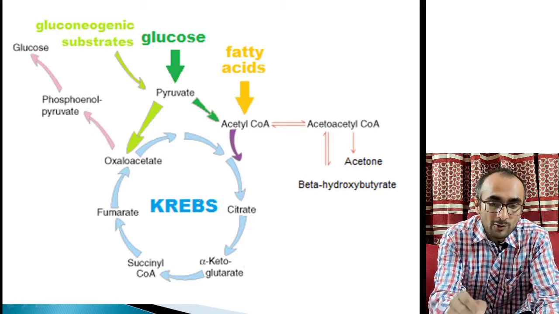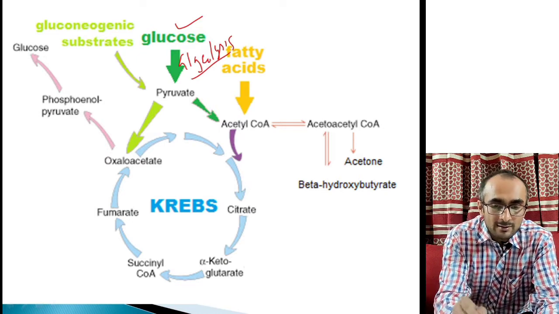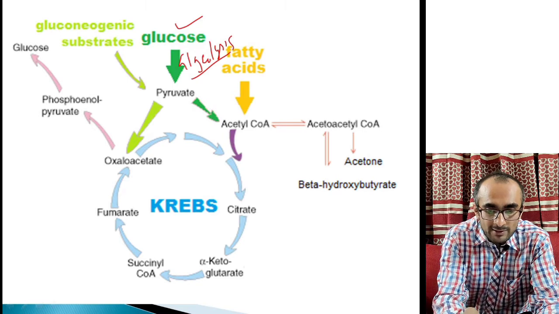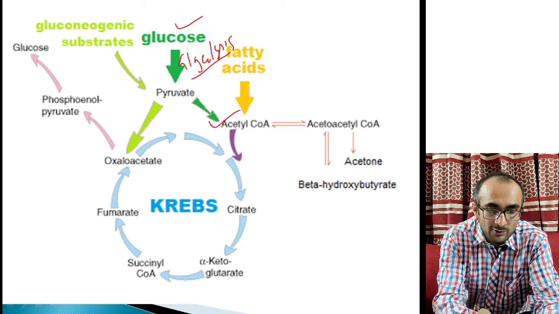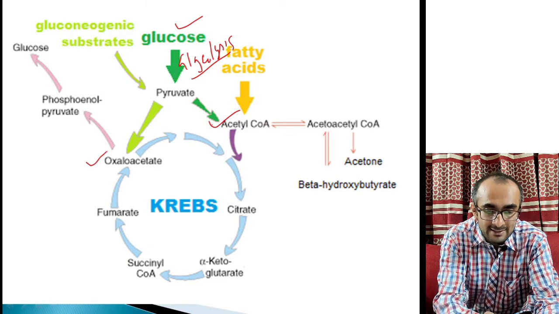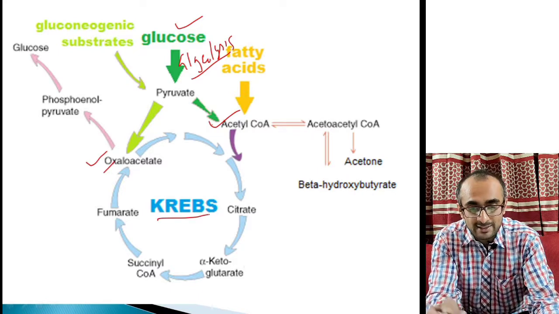So, glucose is converted to pyruvate, which we called glycolysis. We have talked about this pathway earlier. And this pyruvate is converted into acetyl-coenzyme A, and this pyruvate is also used for synthesis of oxaloacetate, which is an intermediate of the TCA cycle, or Krebs cycle, or citric acid cycle.